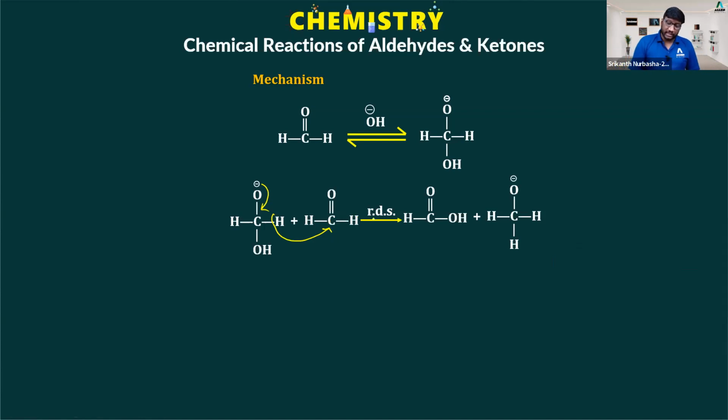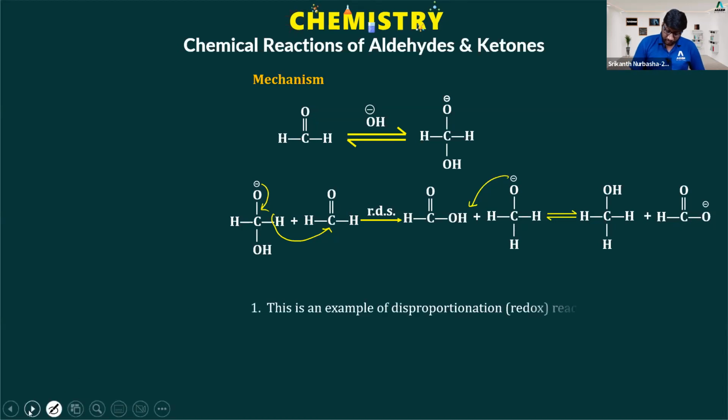This is nothing but your RDS. RDS is the transfer of hydride ion, since it is nucleophilic in nature, to the respective electrophilic carbon, forming formic acid, HC double bond OH, and CH3O minus. CH3O minus will pick up the proton from the formic acid, forming formate, HC double bond O minus, and CH3OH.